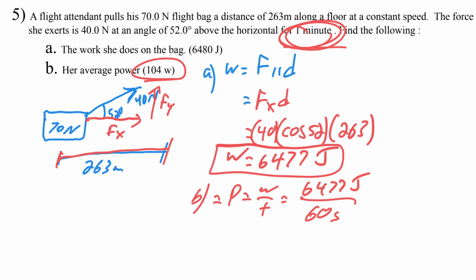So we're going to divide by 60 seconds, and I get 108 watts. I don't know, the answer says 104, so I don't know. Probably some rounding issues somewhere, but 108, that's what I'm getting right now, so I'm going to go with it. Alright, let's do the next one.